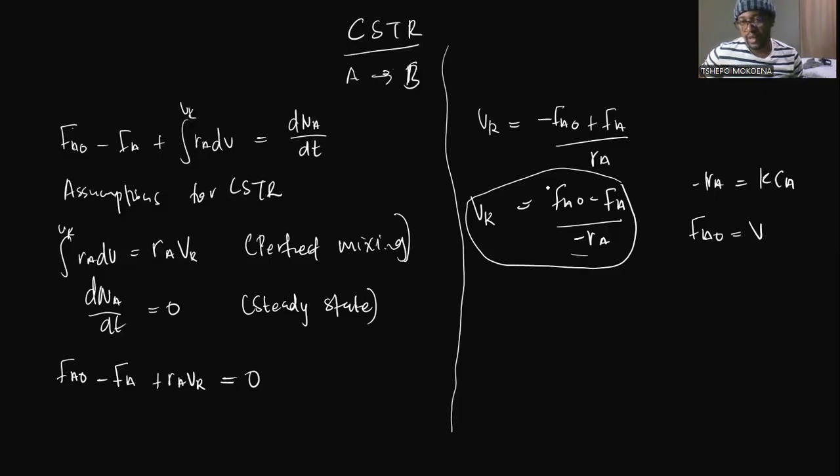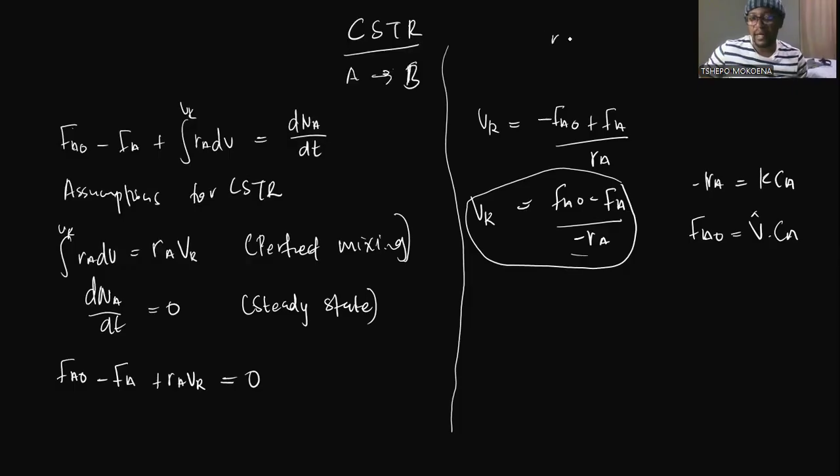How to get the concentration? It's going to be volume. And by the way, this is a specific volume, because recall that F is the molar flow rate. So we need the volumetric flow rate as well, multiplied by the concentration. Yes.